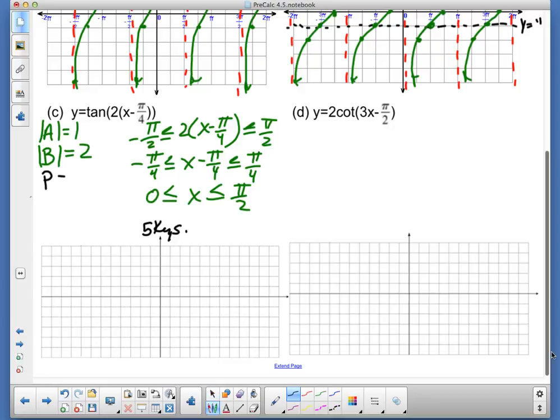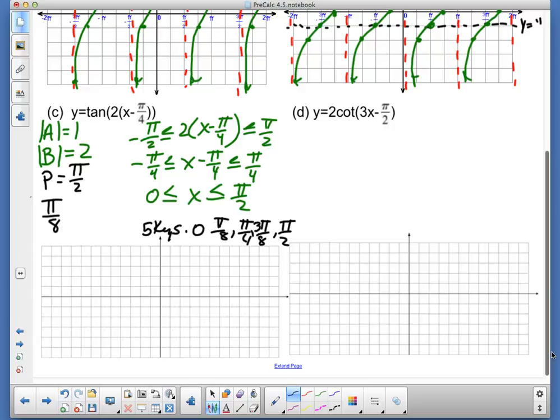So dividing that by 4, the 5 keys go up by pi over 8. I've started at 0. I've got pi over 8, pi over 4, 3 pi over 8, and pi over 2. And those are my 5 keys.